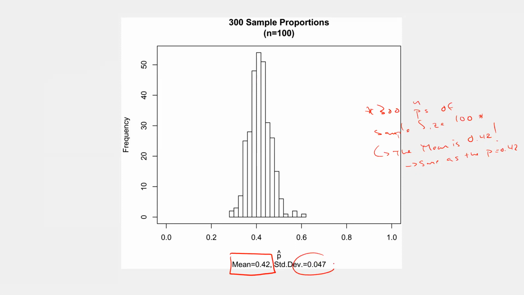Notice the standard deviation continues to get smaller as you increase the sample size. And what does this curve look like now? How would you describe this shape right here? Do you see it's bell curve shaped? What do you guys think? So this curve now looks normally distributed.